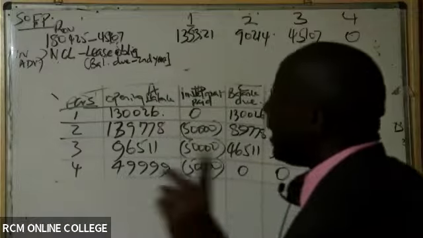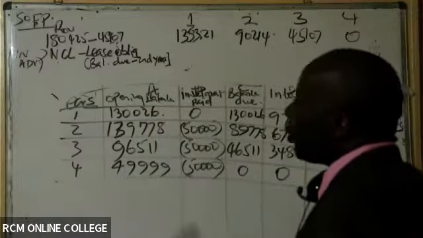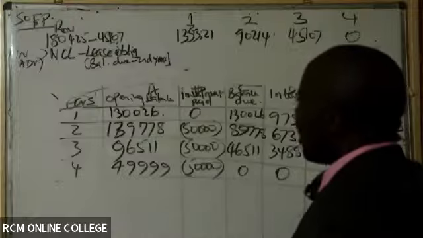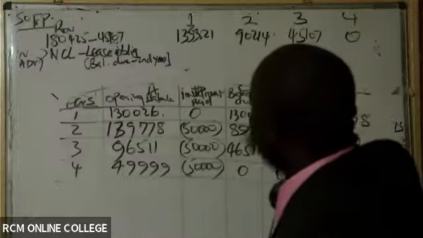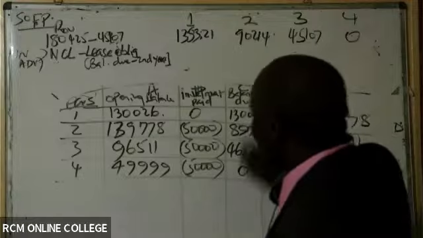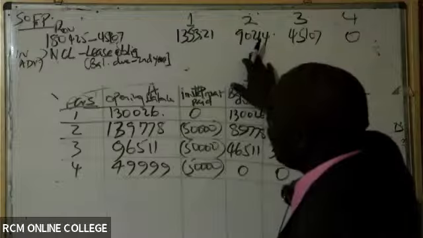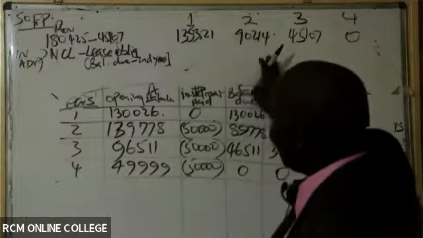You need to know to differentiate. In advance, you pick the balance due from second year onwards.